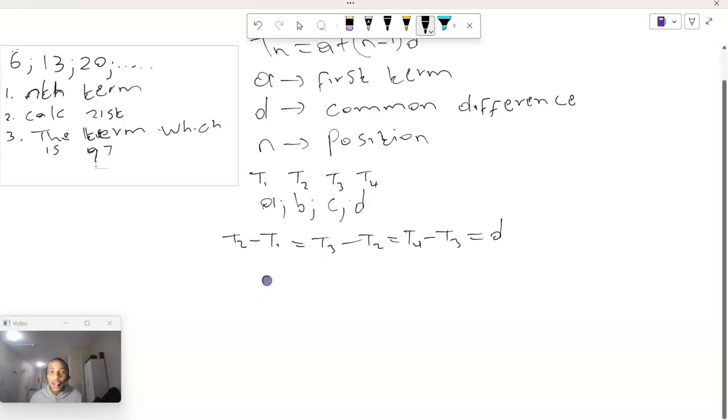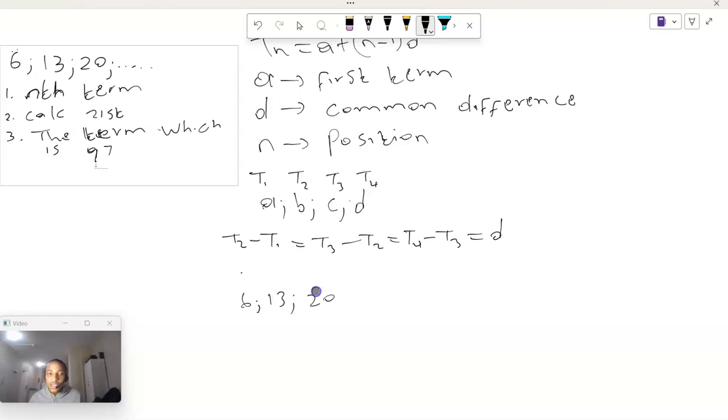Now we can go on to an example which says: 6, 13, 20.